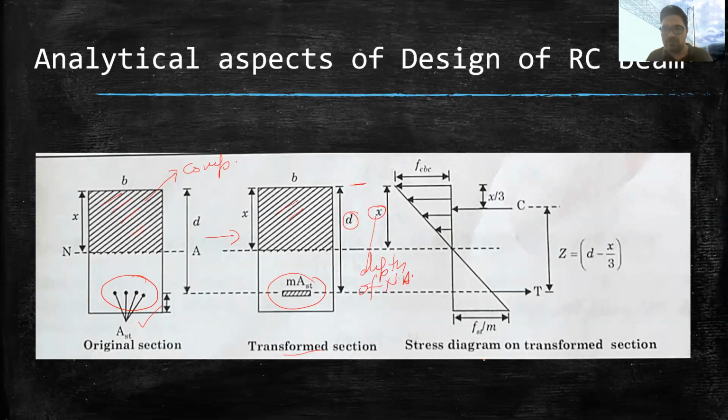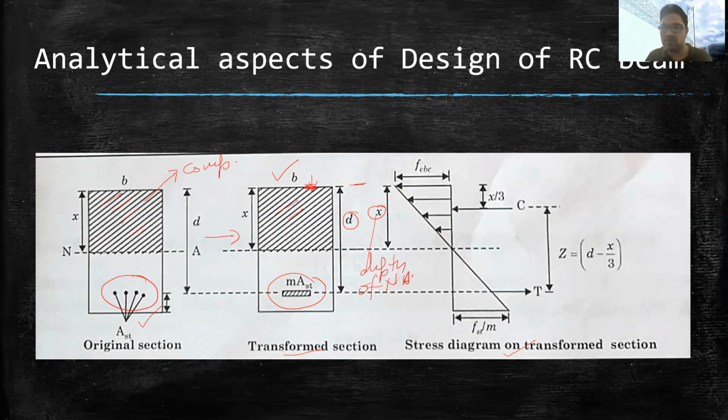Now the third diagram is the stress diagram of the transformed section. Why is it triangular? Because in the assumptions we assume a linear variation of strain and stress. So maximum stress will be at the top, where the beam is in direct contact with the load.